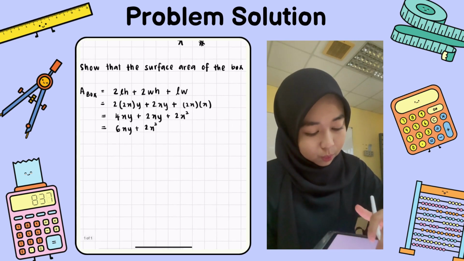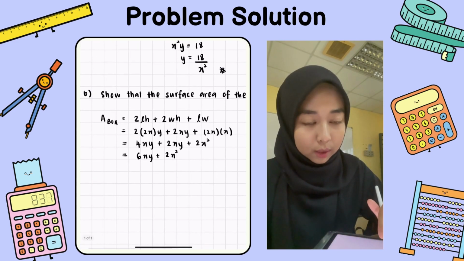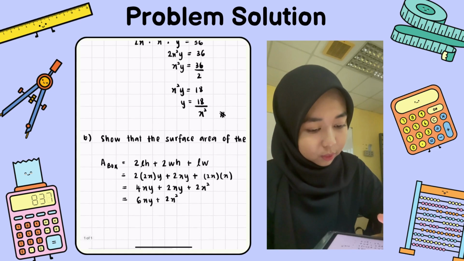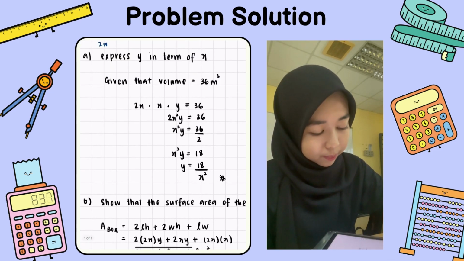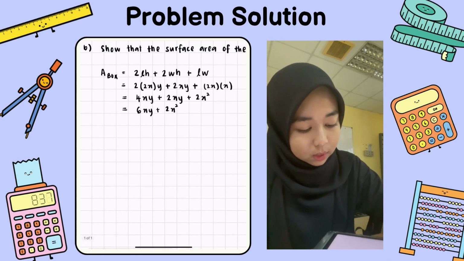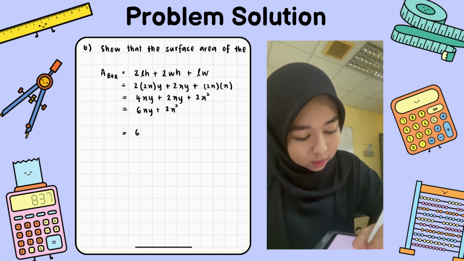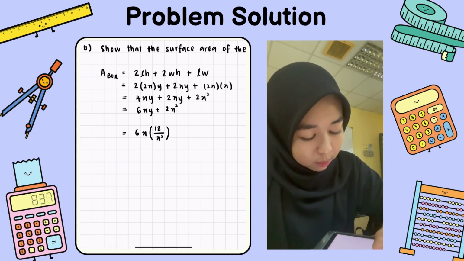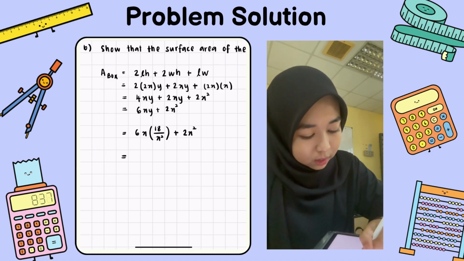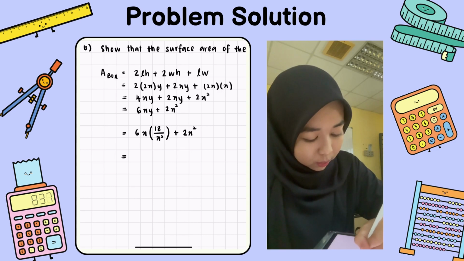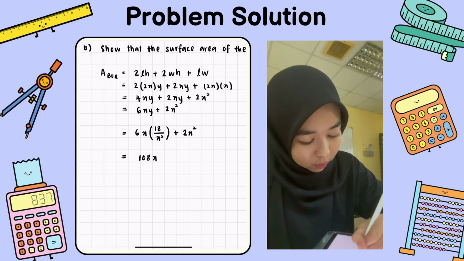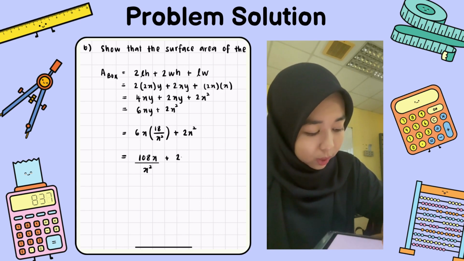We simplify it again, we get 6xy plus 2x squared. And from this, we already know the value of y, which is 18 over x squared. We got it from question A. So we just need to substitute the value of y into this. So we get 6x times 18 over x squared plus 2x squared. 6x multiplied by 18, we get 108x over x squared plus 2x squared.